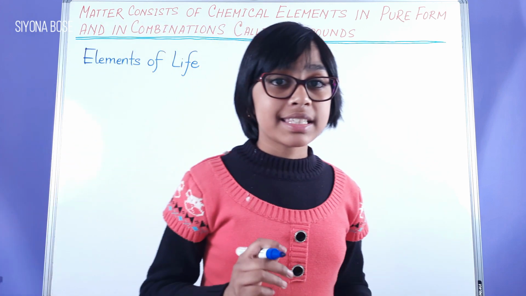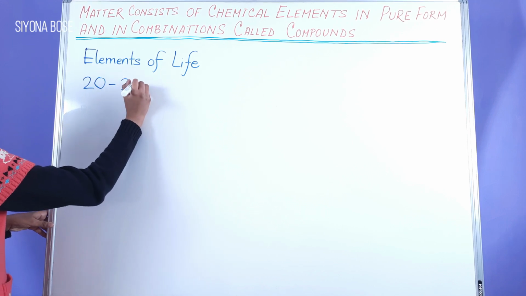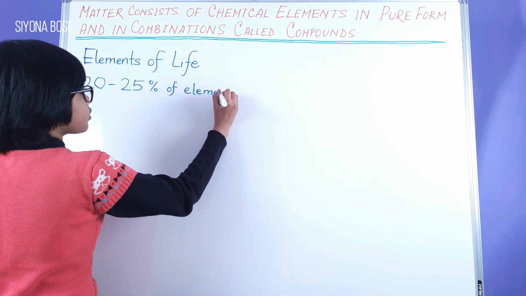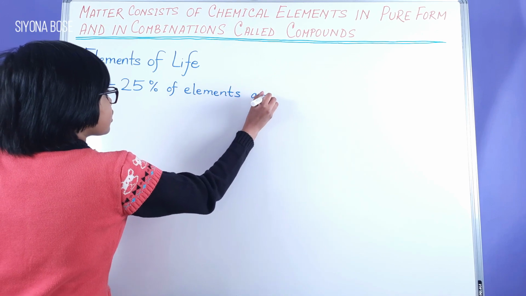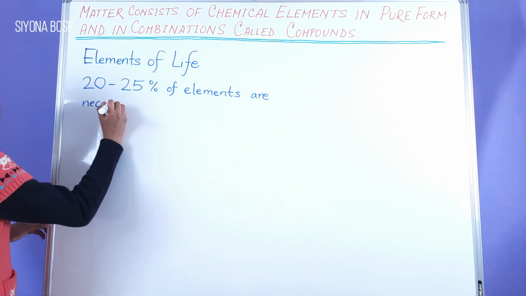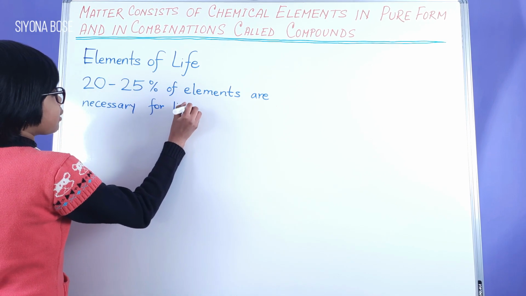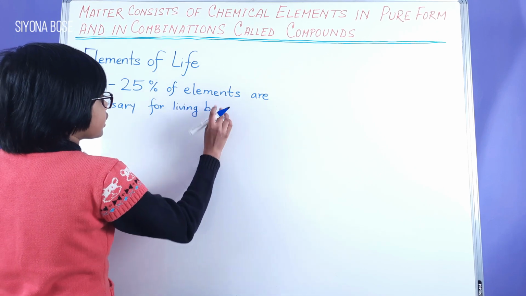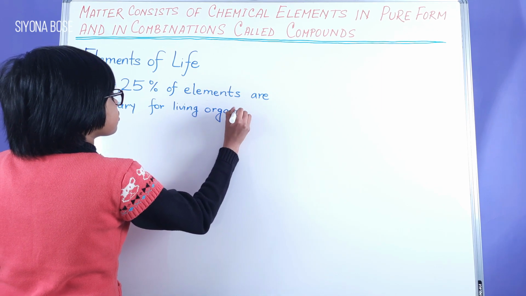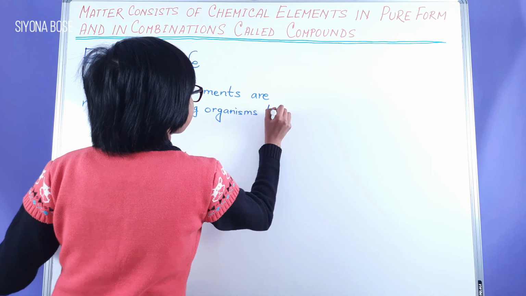Out of those 92 elements, 20 to 25% are necessary for living organisms to survive.